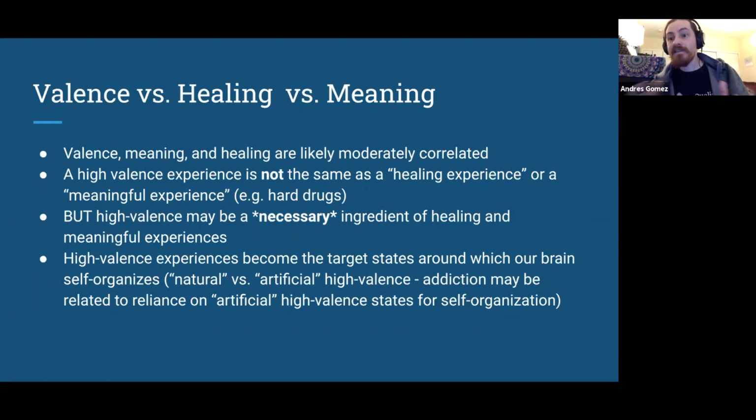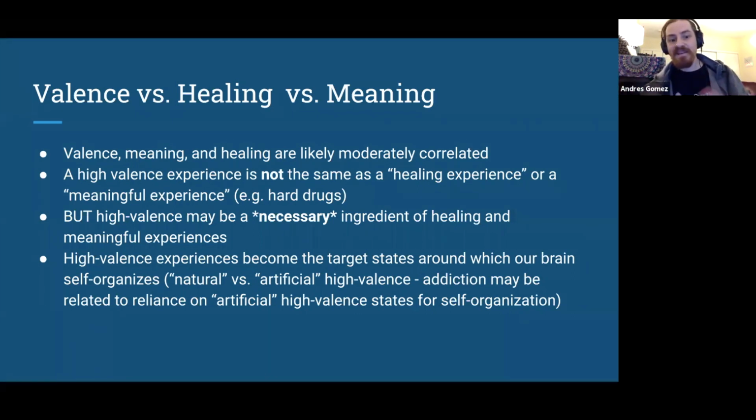To the extent that your nervous system is self-organizing around that high valence experience, it makes it the center of your life. And it's a dopamine releaser. It's obviously unsustainable. You can't do that long term and expect good results.